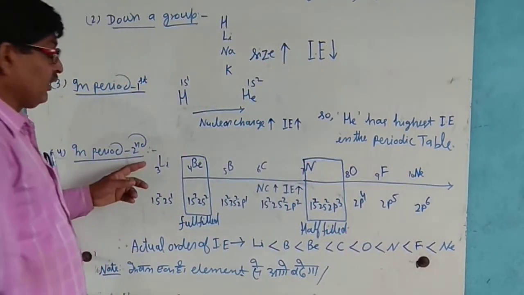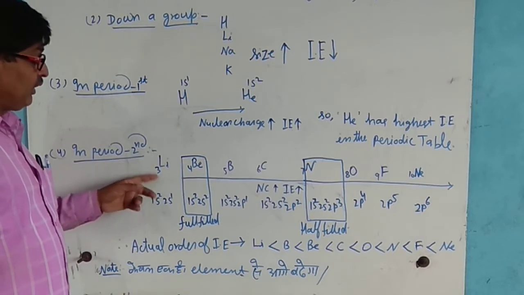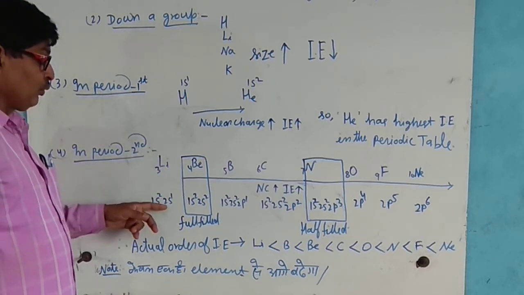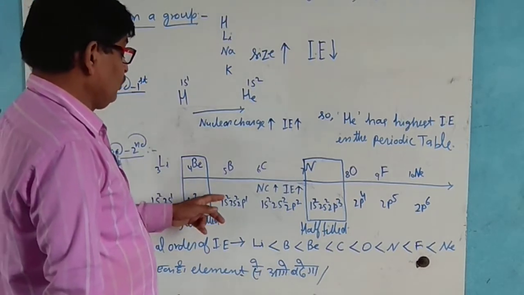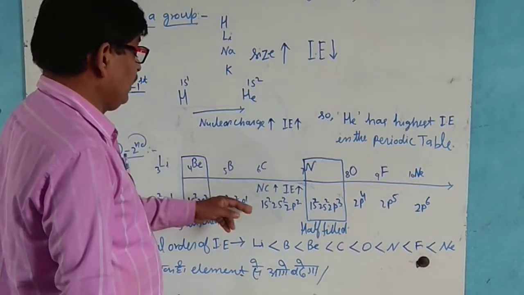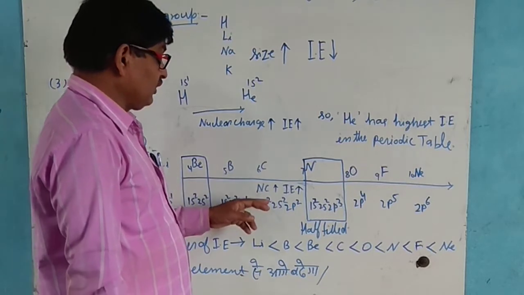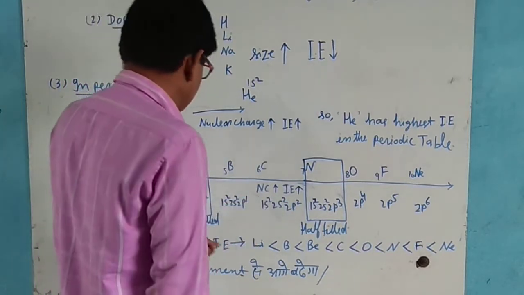Now, if you write the electronic configuration of lithium, 1s2 2s1, and so on up to neon, 1s2 2s2 2p6.